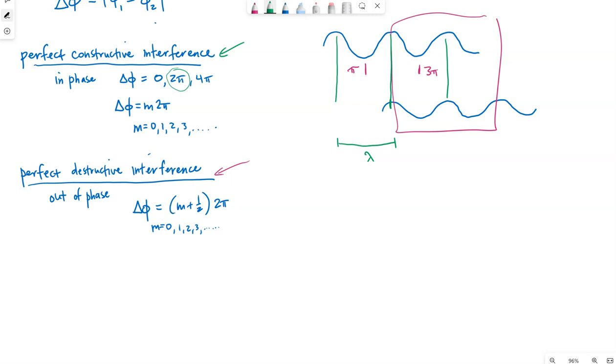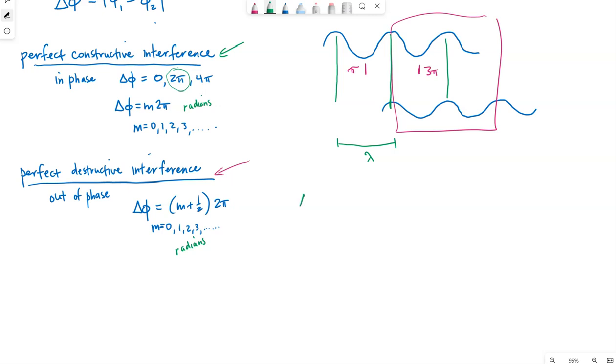It turns out we can write these shifts in terms of wavelengths as opposed to angles. Right now, these are in terms of radians, a shift in radians. Both of these are written in that way. But we can do that in terms of wavelength as well.